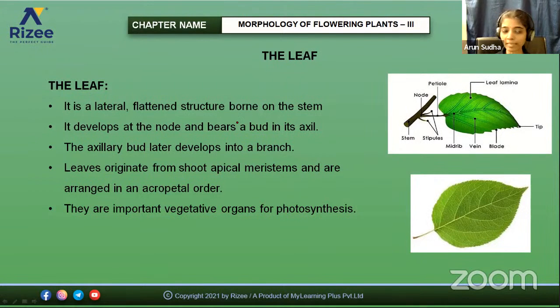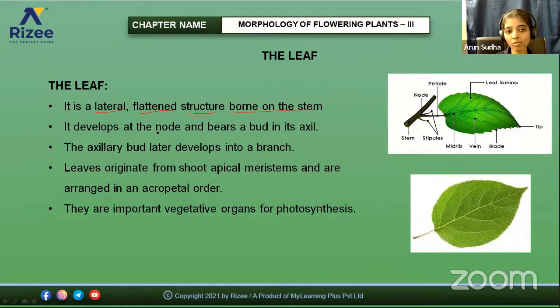So if you take the leaf, it is a lateral flattened structure born on the stem. We saw the shoot system with stem and leaves, buds, flowers, and fruits. The leaf is a lateral flattened structure born on the stem, and it develops at the node.